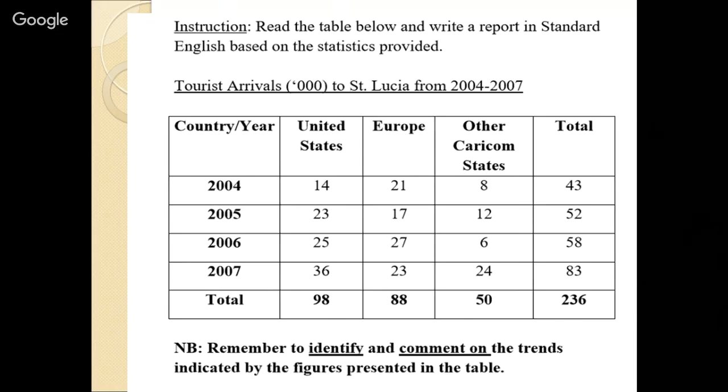Excellent. Shan, 2000. Excellent, everyone. 2004.